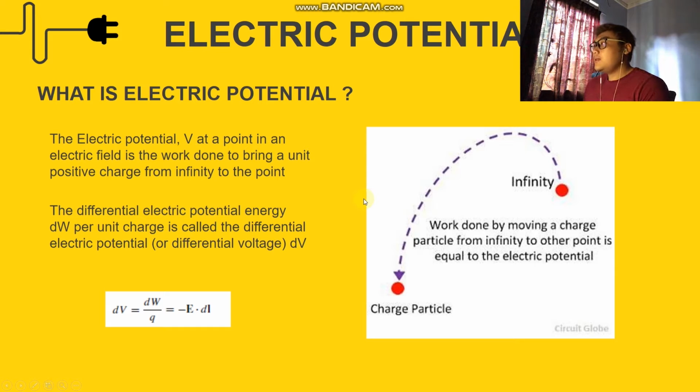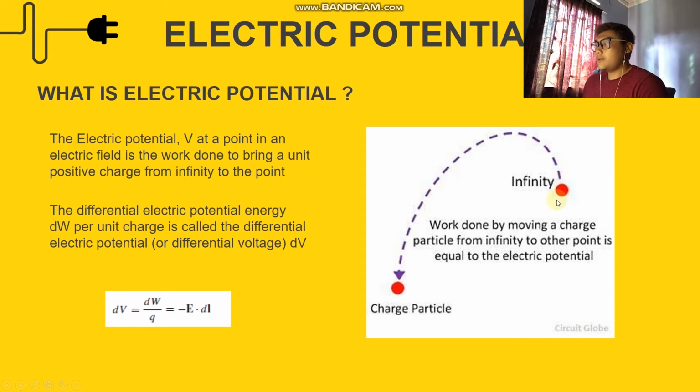The word infinity doesn't mean it is very far. It means outside the field. It can just be a few meters away. As long as it's outside the field, it's called infinity. For example, this is the charged particle at the infinity point, outside the electric field.